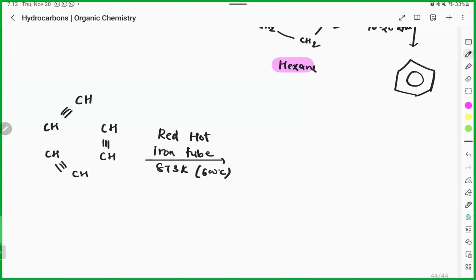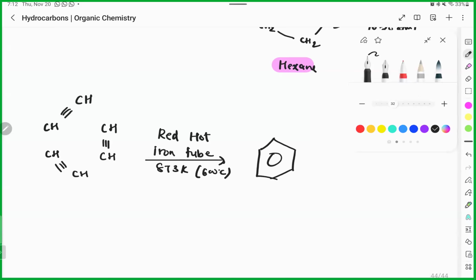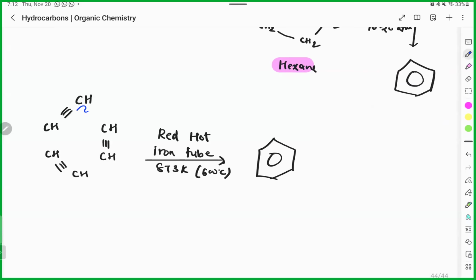Why? You have to break the bond. First you have to break the bond and the product will be the same. Because the bond will be shifted. For example, one bond shifted from here to here. It will be a double bond here.